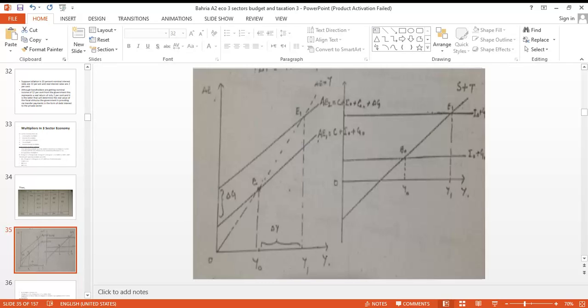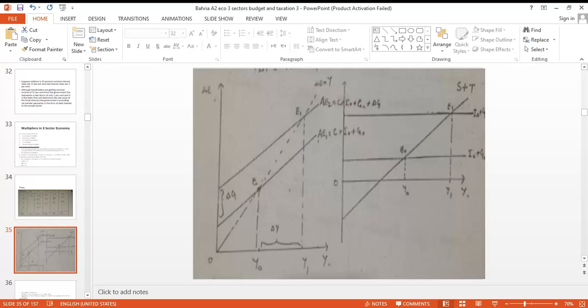If you look at the injections situation, because of the change in government expenditure, your injections also increase from line 1, which is I1 plus G1.